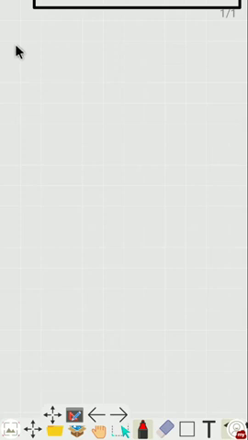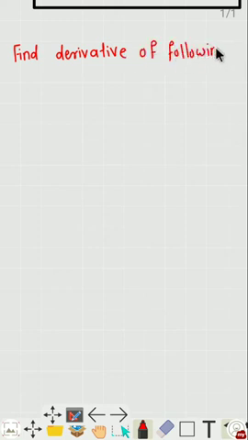Find the derivative of the following functions.